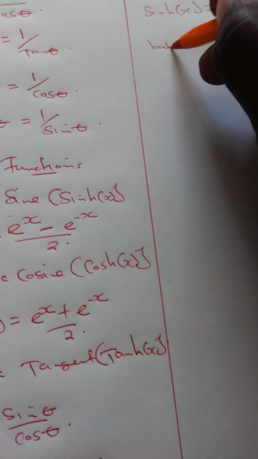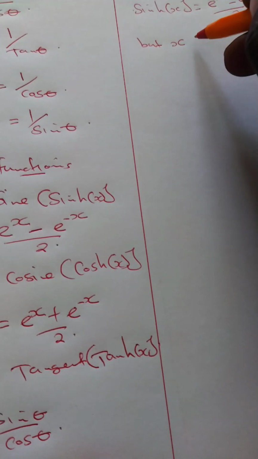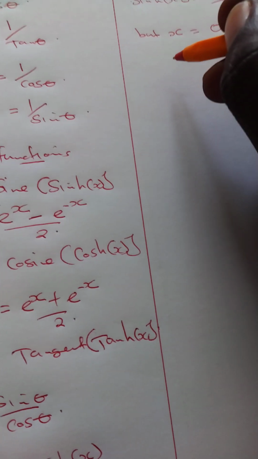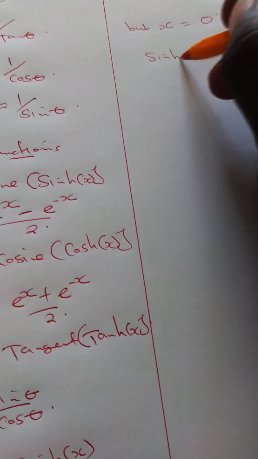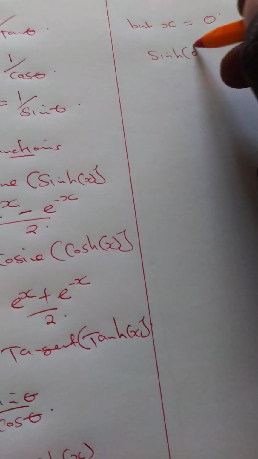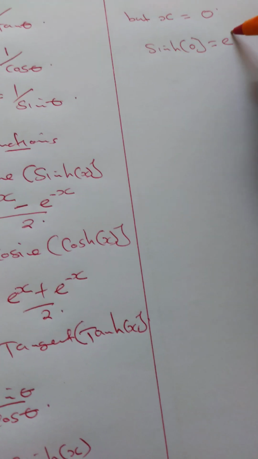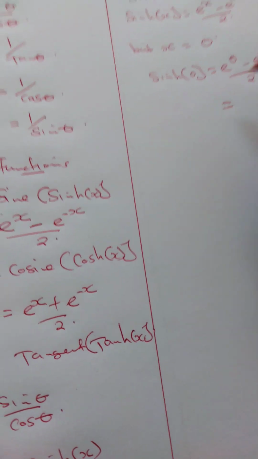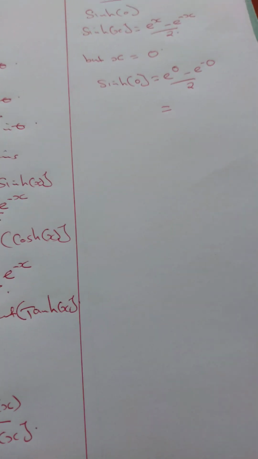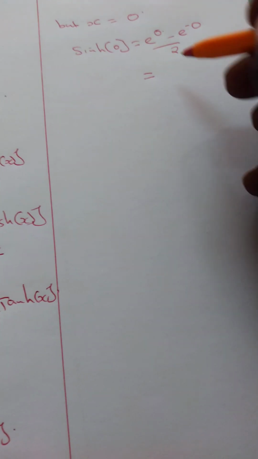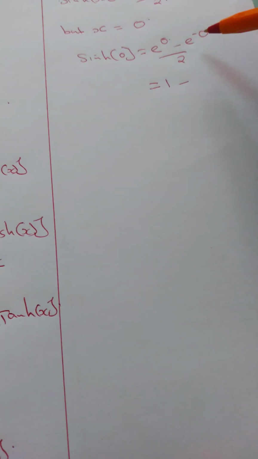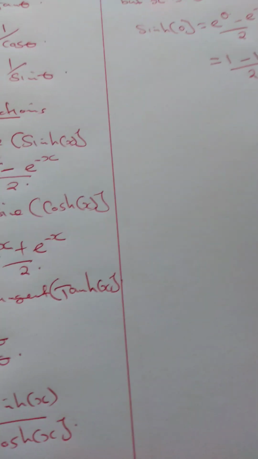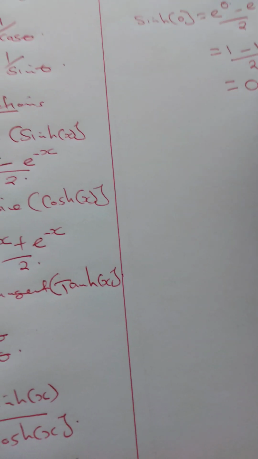But in our case, x is 0. So sinh of 0 is equal to exponential of 0 minus exponential of negative 0 all over 2. When you key in your calculator, exponential of 0 is 1, minus exponential of negative 0, which is 1, all over 2. So you get 0.